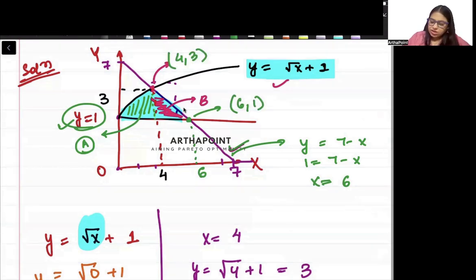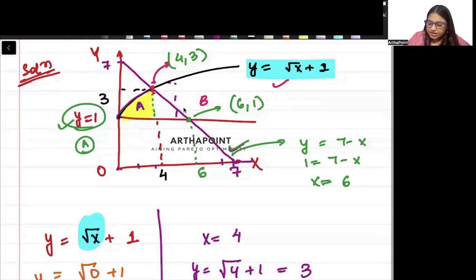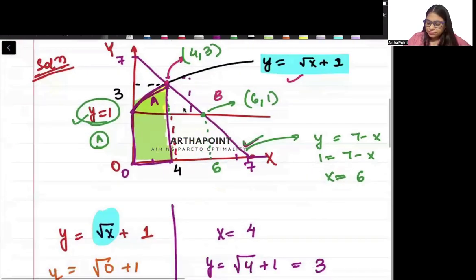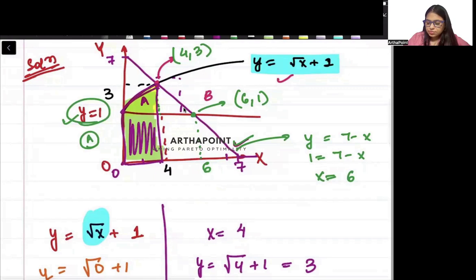Now let us think about the two areas. Now we have to talk about these two areas. So I'm going to think about area A first. If I integrate this curve between 0 to 4, I will get this area. And if I subtract this part, then I will get area A. Okay.